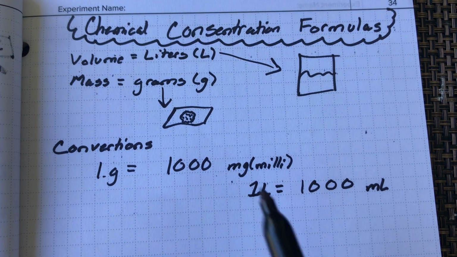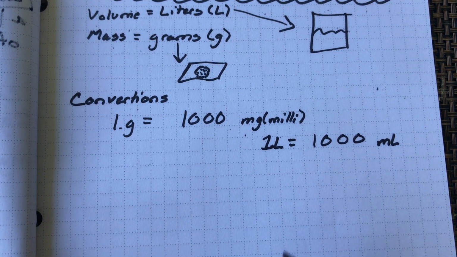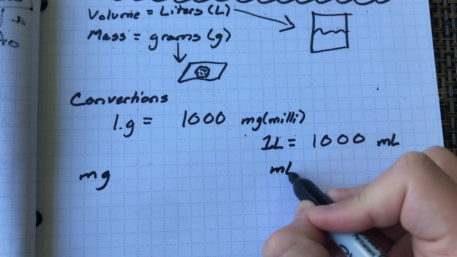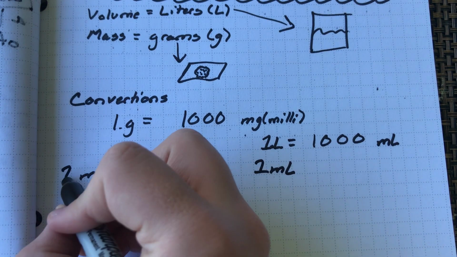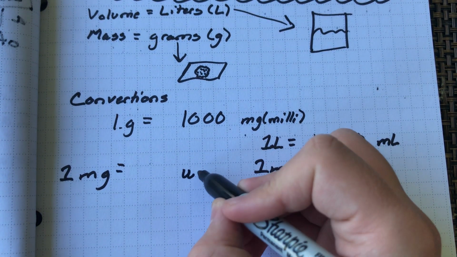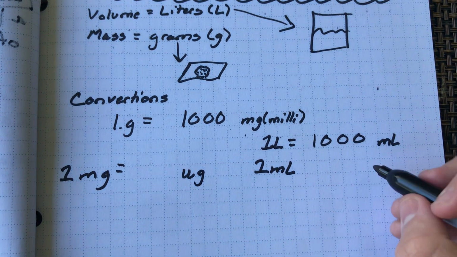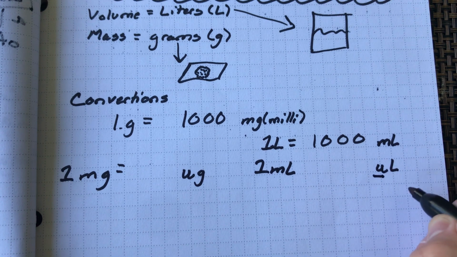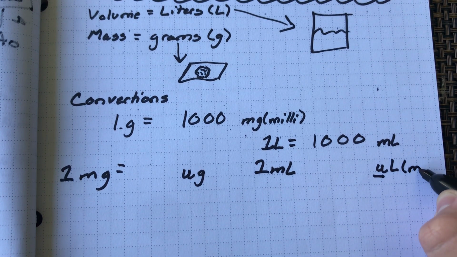But there's one more step that we need to go through, and that's going from milligrams, or milliliters, to micrograms and microliters. The little u here represents micro.